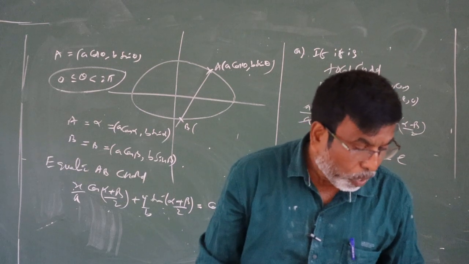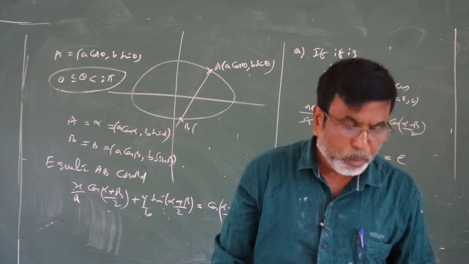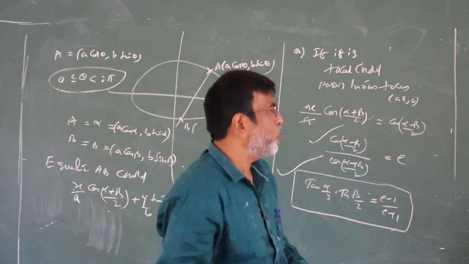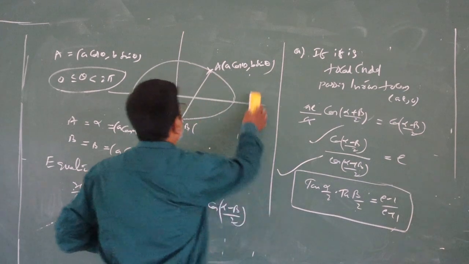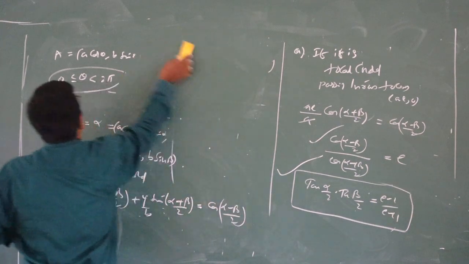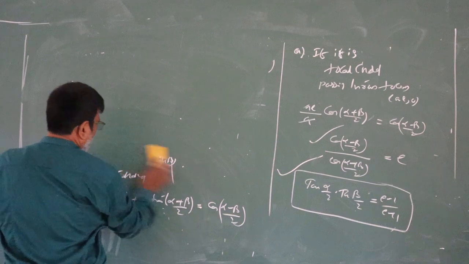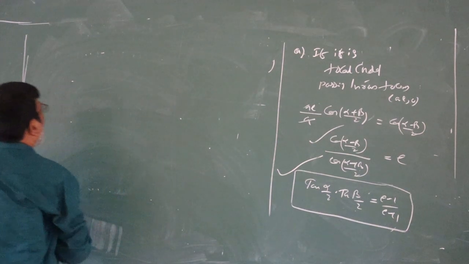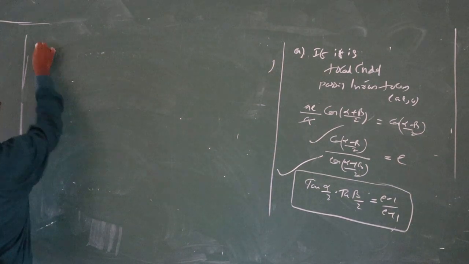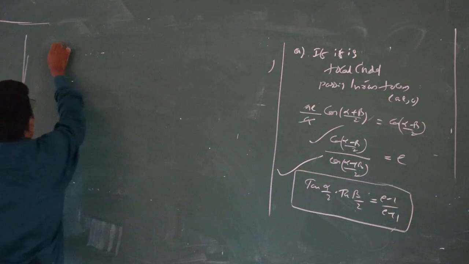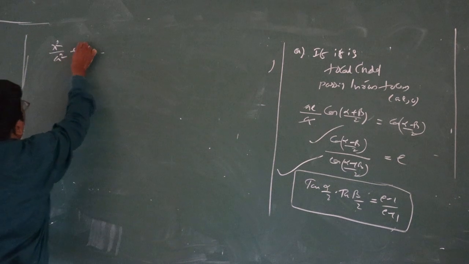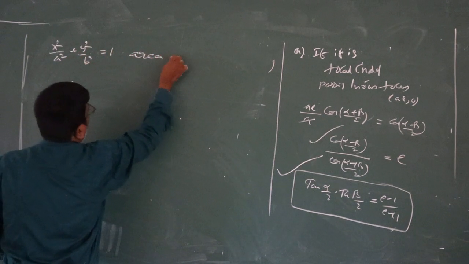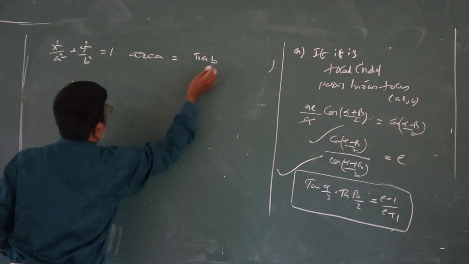Now one more, from the area point of view. Suppose the ellipse equation is given as x square by a square plus y square by b square equals 1. Already we know the area is pi ab.